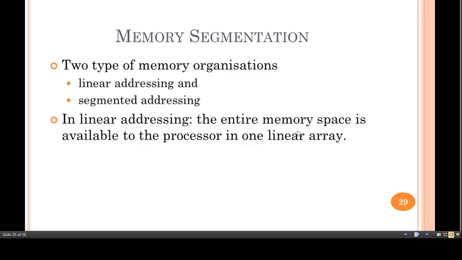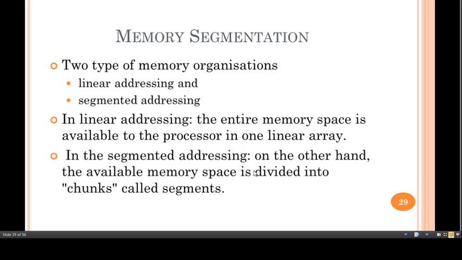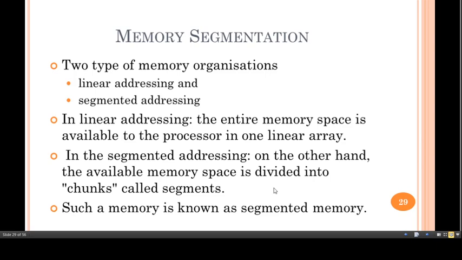And in segmented addressing, the available memory is divided into small chunks called segments. When the whole memory is divided into small parts, that type of memory organization is called segmented addressing, and it is generally called segmented memory.